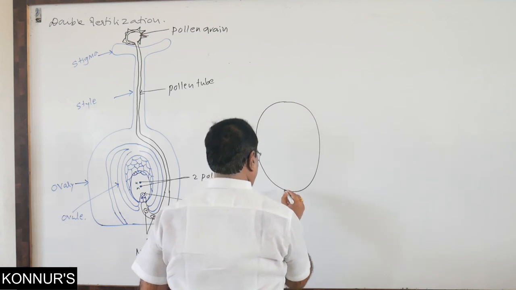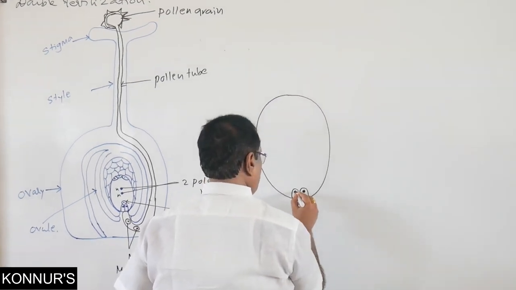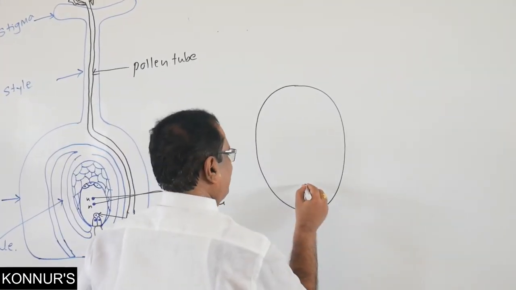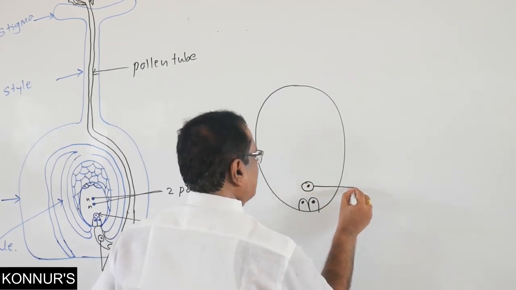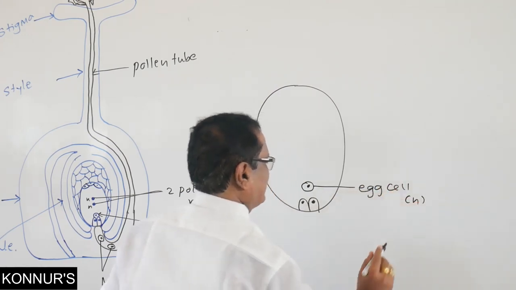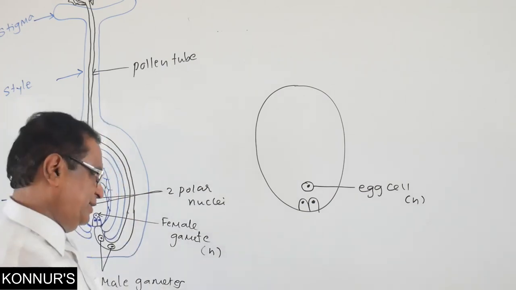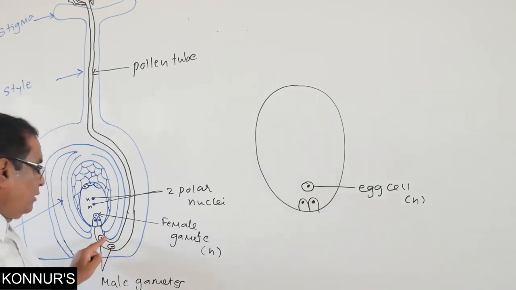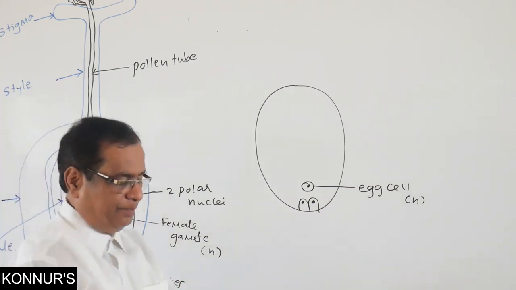This is the embryo sac. Here the 2 synergids start degenerating, and this is the egg cell, the haploid egg cell, a female gamete. And these two male gametes have now entered the embryo sac.